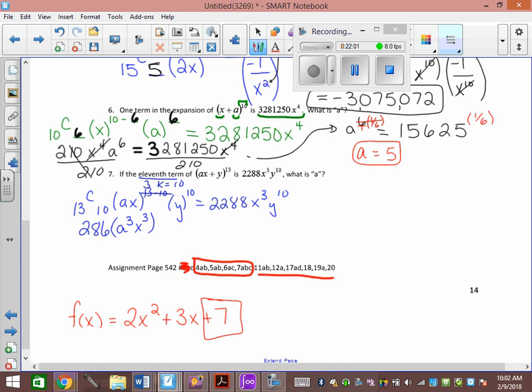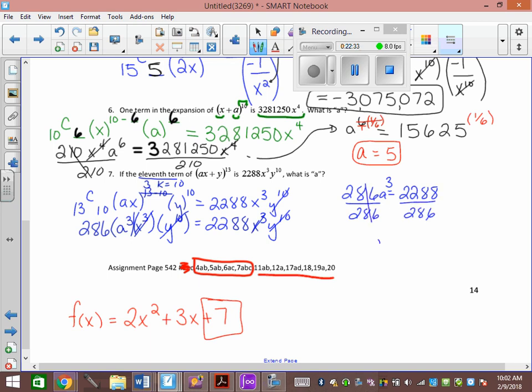They're going to have an answer that's just a, forgetting to put the cube on it. Then y to the 10, x cubed, and y to the 10 cancel. And so I get 286 a cubed equals 2,288. Divide by 286. a cubed equals what?